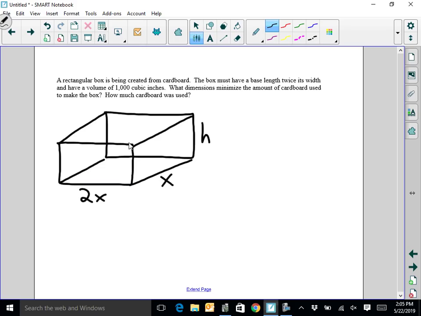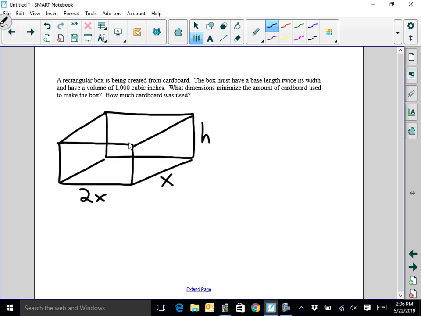Okay? So the length is twice the width, so doubling the width would equal the length. Doesn't really matter which one you call x, which one you call 2x. But we can figure this out that way. Okay, so now I've got it down to two variables.